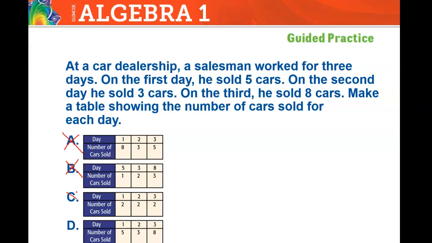No. So lo and behold, that takes me to letter D. Day 1, number of cars sold 5. Day 2, number of cars sold 3. On the second day, he sold 3 cars. On the third, he sold 8. Day 3, 8 cars. So there we have it, all good and happy.